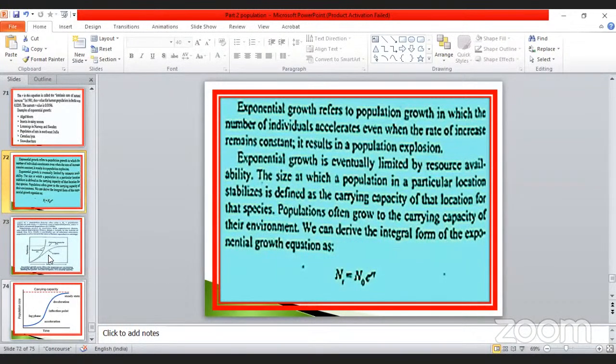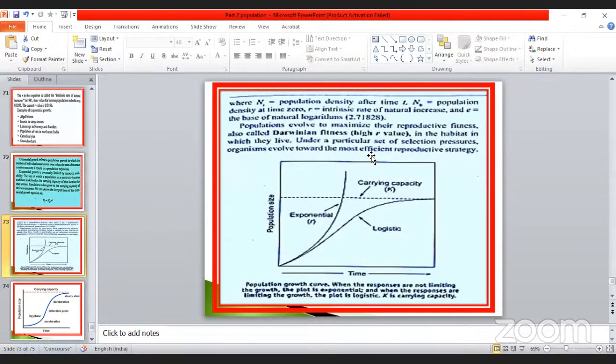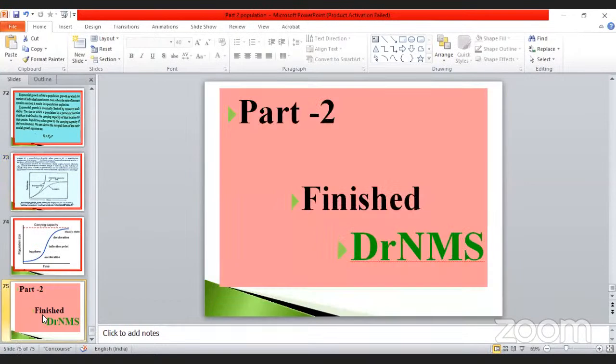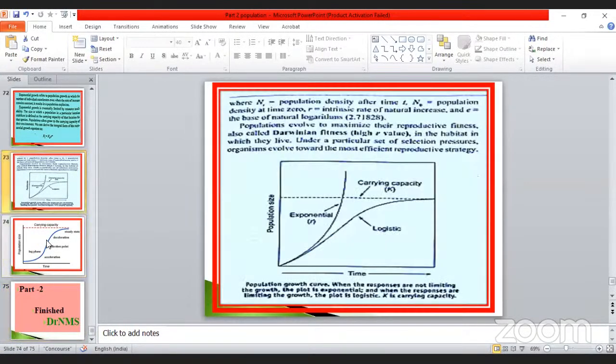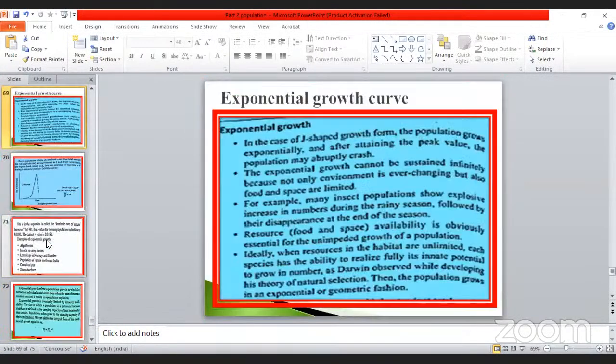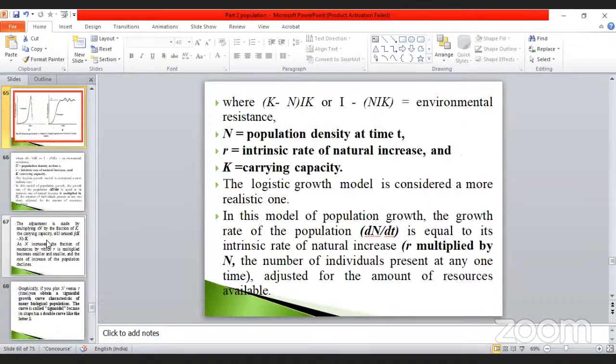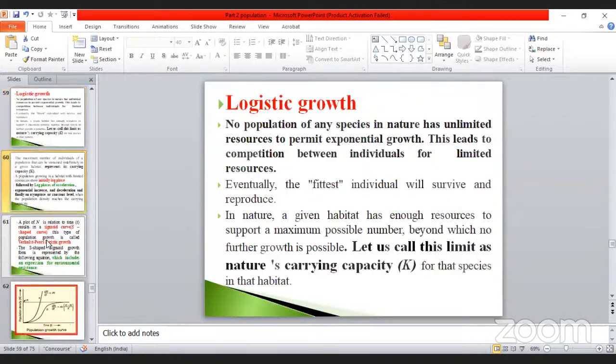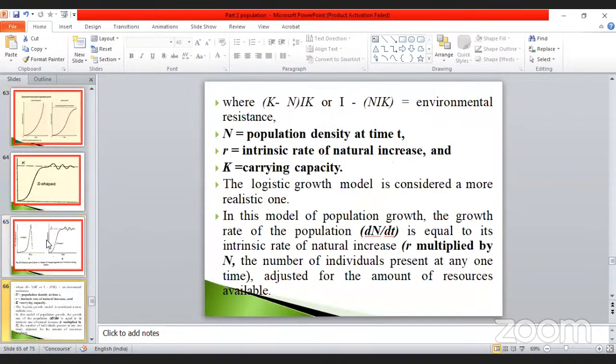See this one, exponential growth curve. This is the formula, my dear. This is very, very important. I will show you in the next slide.